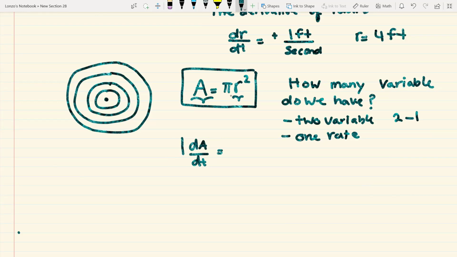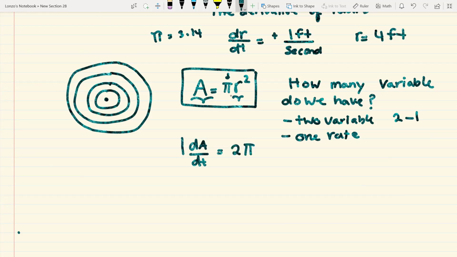Now, on the right side, we have pi r squared. How do I take that derivative with respect to time? Well, you're going to use the power rule, right? Pi is not a letter, it's a constant, about 3.14. So you apply the power rule. It's the power times the coefficient, so that would be 2 pi.